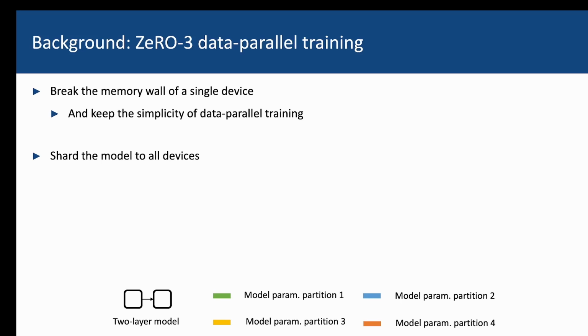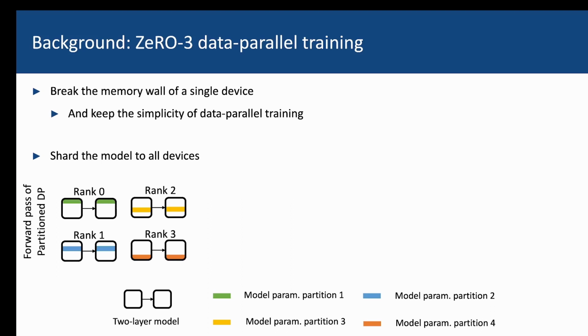We take a two-layer model as an example. The ZeRO-3 data parallel method partitions the model states across all devices in the cluster, while the structure of the model is maintained on each device. We use different colors to denote different parts of the model parameters. As shown in the figure, each device holds a quarter of the first and second layers.